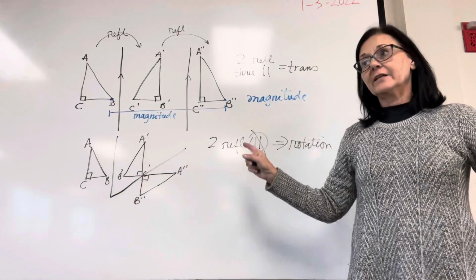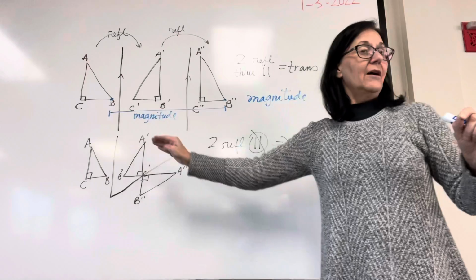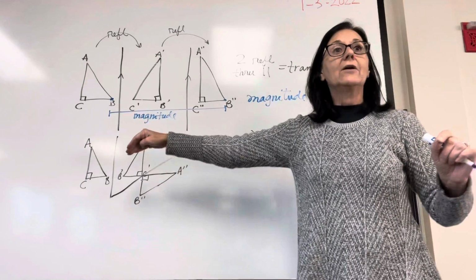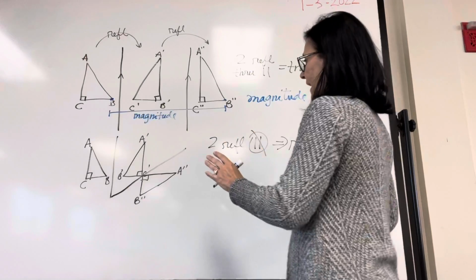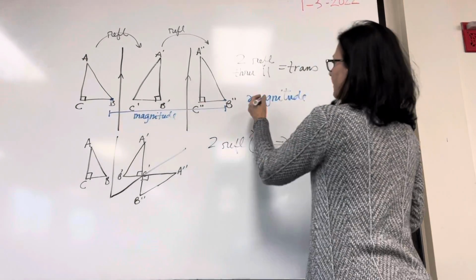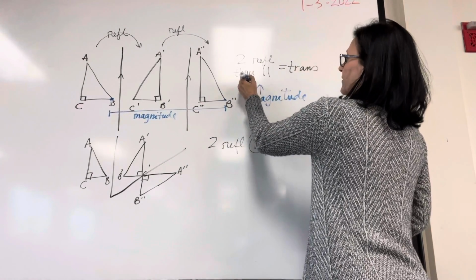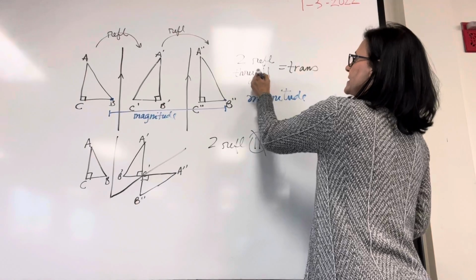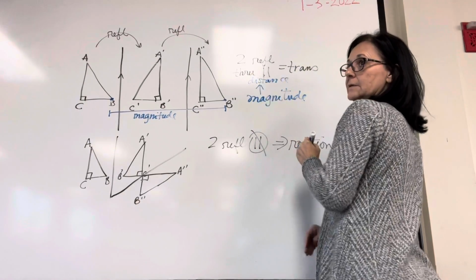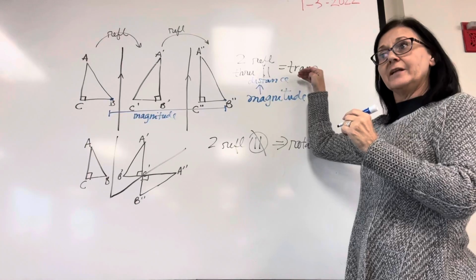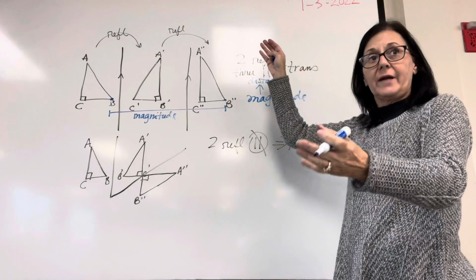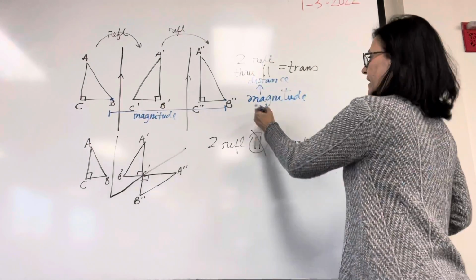Okay, it's different when the lines are not parallel. It's an angle, and that's what most of math, when we're talking about magnitude, it's the angle. So when the lines are parallel, the magnitude is more like the distance. When the resultant figure is a translation, it's like the distance between the original and the image.